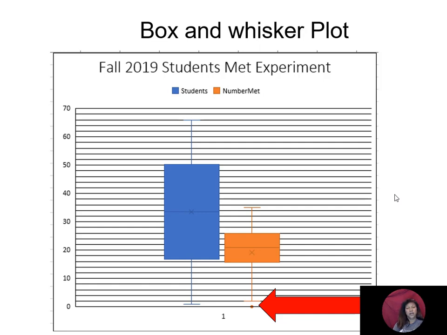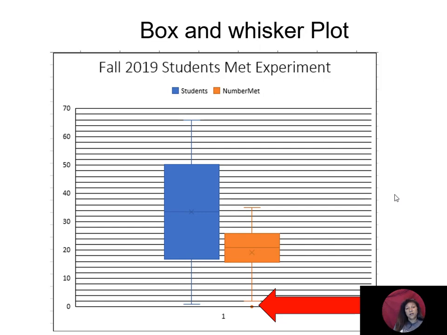So we investigate the outlier, and it turns out that no, it actually was a 0, but it turns out that those individuals either had a cast on their leg and they couldn't get up and walk around to meet anybody else, and no one came over to meet them, which is interesting because that would spark a whole new experiment. Like, how do you meet people when you can't get up and move around, right? So a whole new experiment would be performed because of that outlier. It sparked a whole new thought process.